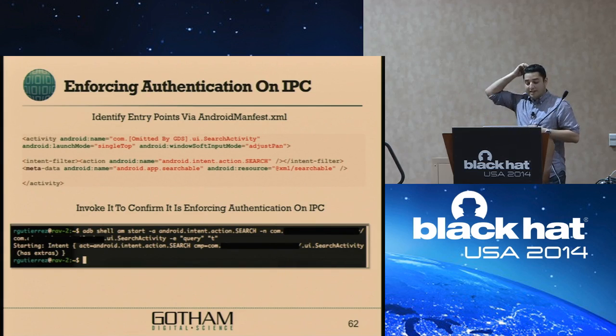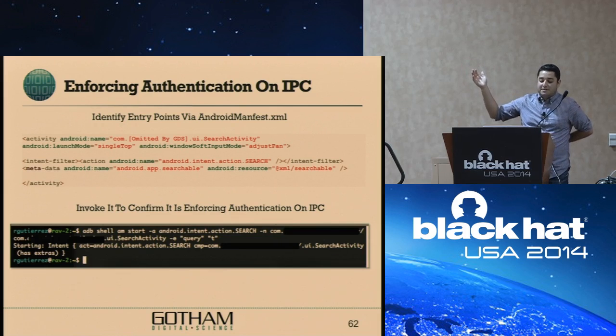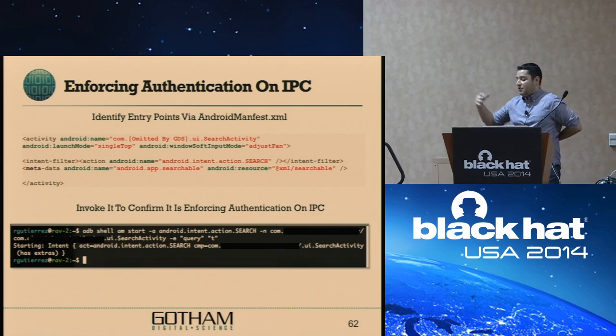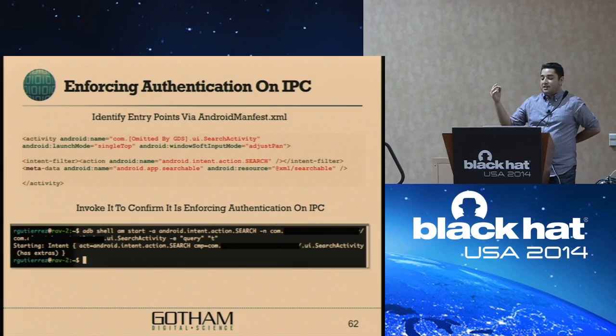So here's an interesting attack dealing with the unencrypted file names. We looked at an Android manifest and found an activity that was exposed. If you're not enforcing authentication on every single activity, it can pretty much be brute forced. So I can hit that activity and not actually authenticate.